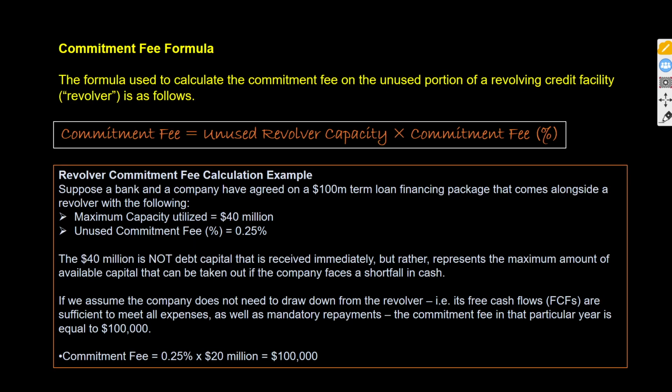Now try to understand a few things, how we calculate unused fees. From an interview perspective, or maybe from a processing perspective, sometimes you will have to calculate all of this and update it in the CDO, meaning collateralized debt obligation system, or maybe CLO, collateralized loan obligation system. And there are other applications as well, like Loan IQ, and many more, where we need to update all of this information, or calculate and update in that accounting system.